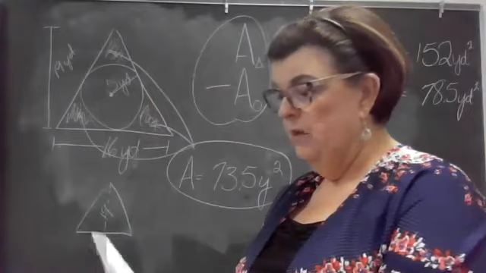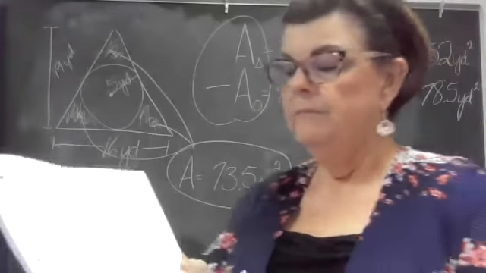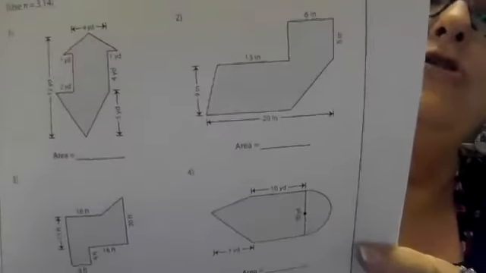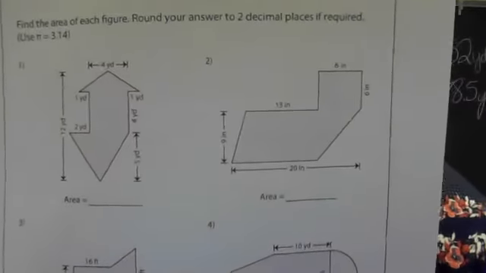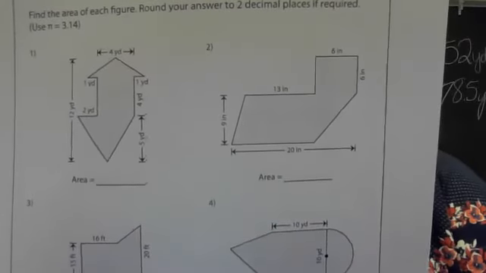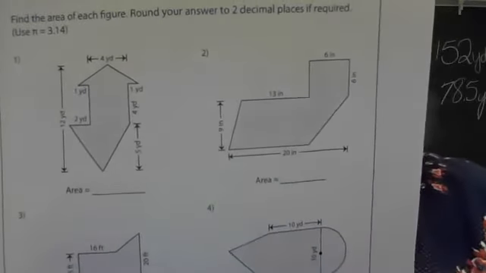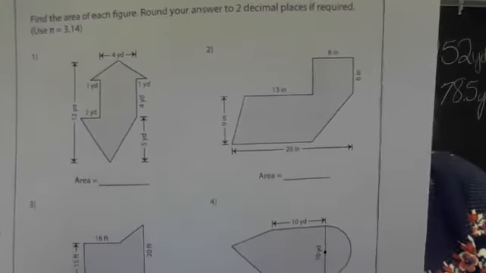Let's look on the next page, page 3. To me, on page 3, it's not very clear what the original is and cutting stuff out. So these are the ones that I would separate into different figures.